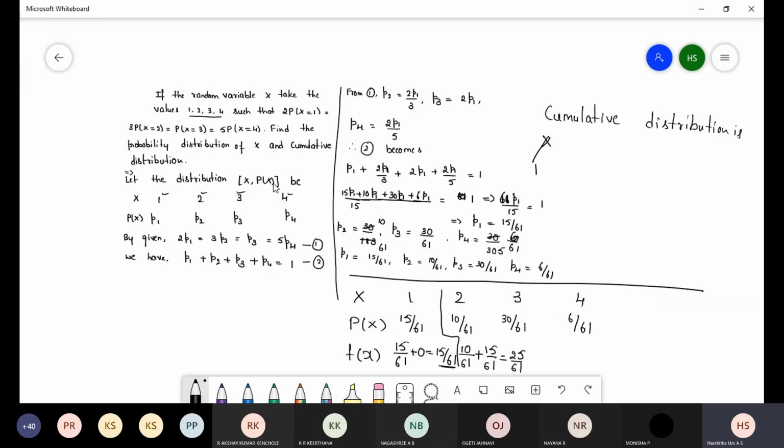This is for the second one. Third one, 30 divided by 61 I will write as it is plus I add this value, 25 divided by 61. So I will get 55 divided by 61. This is for the third one. Last one, 6 by 61 plus 55 by 61. So I will get 61 by 61 means 1.